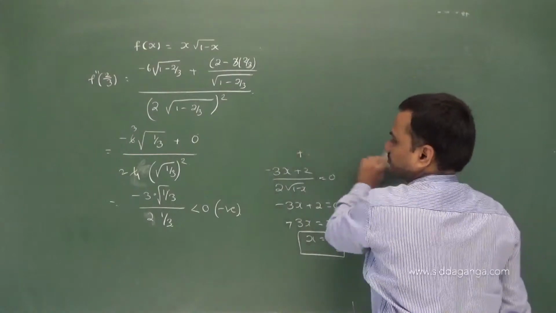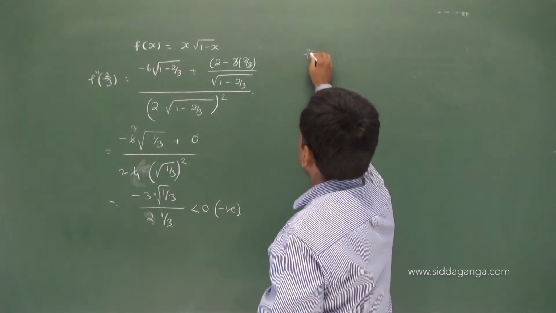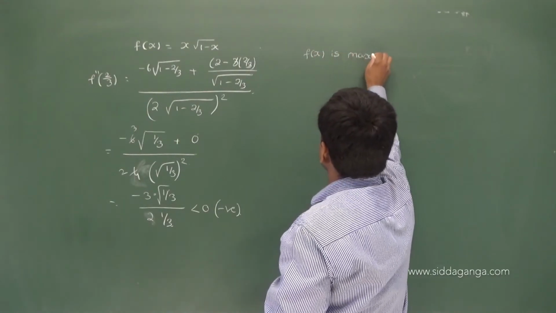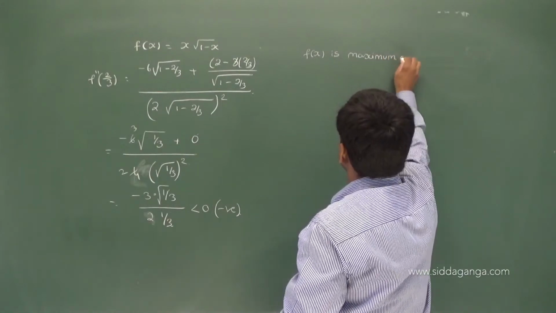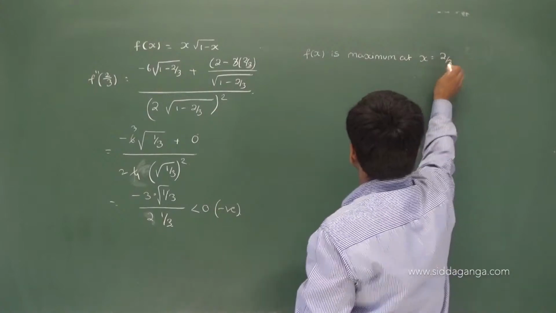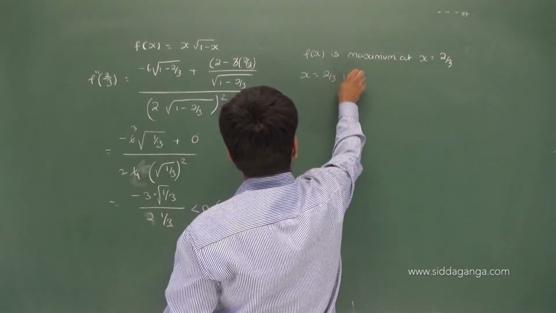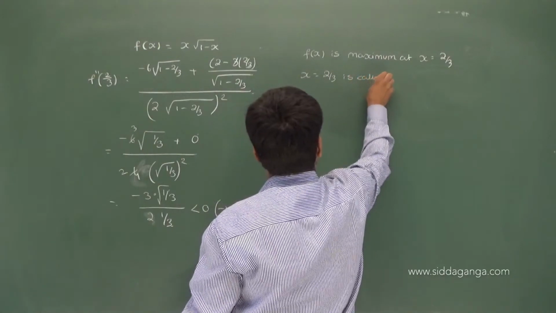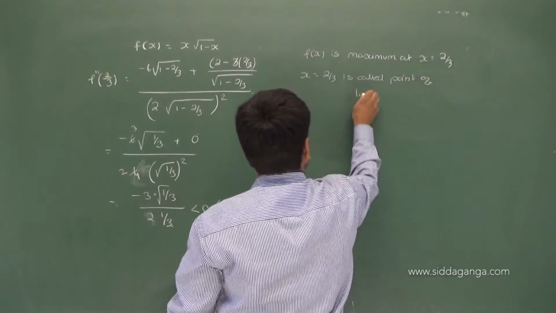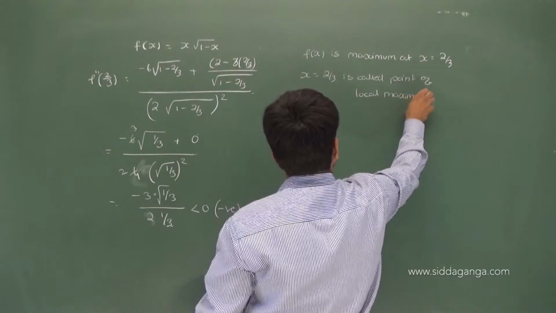What do I write? f of x is maximum at x is equal to 2 by 3. x is equal to 2 by 3 is called the point of local maxima, correct?